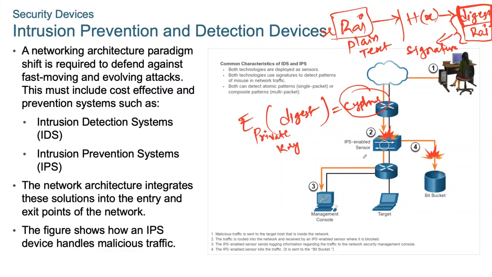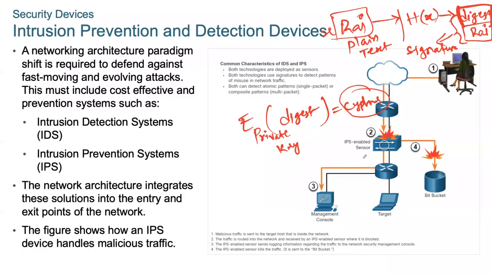So that plain text is given as an input to your hash algorithm. The hash algorithm generates a digest. That digest is encrypted with the private key of your sender. So it becomes the encrypted form, the ciphertext of your digest, which is concatenated with your plain text.